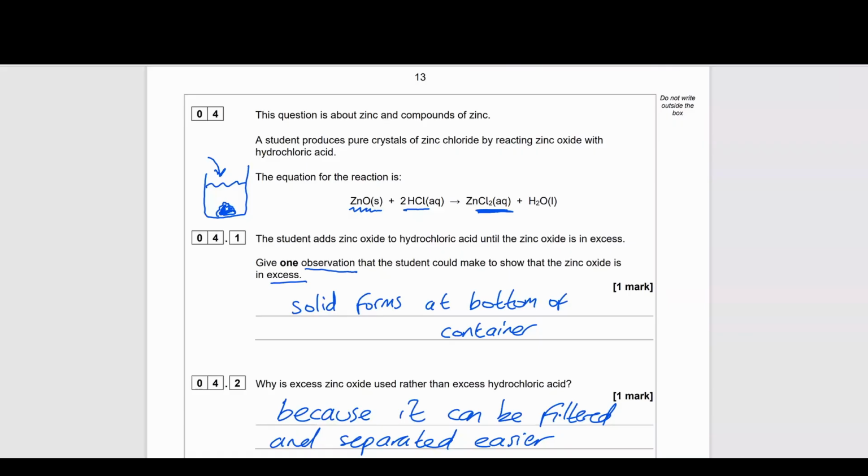Well, this zinc chloride is a salt, so we need to think what other compounds can still produce some salt. Well, think about what other type of neutralization reactions you can have. The other ones that you can have, because we have here metal oxide plus hydrochloric acid. The other one we could have is with a metal hydroxide.